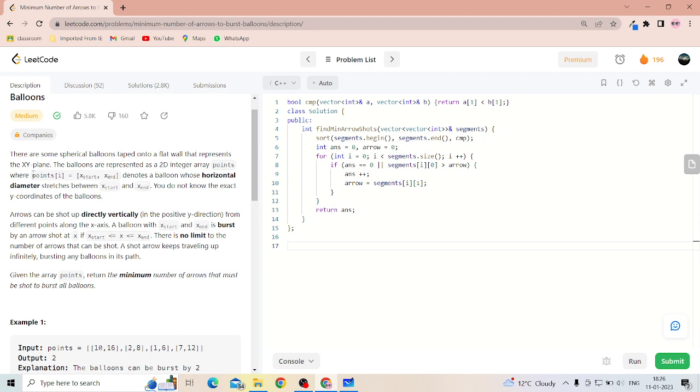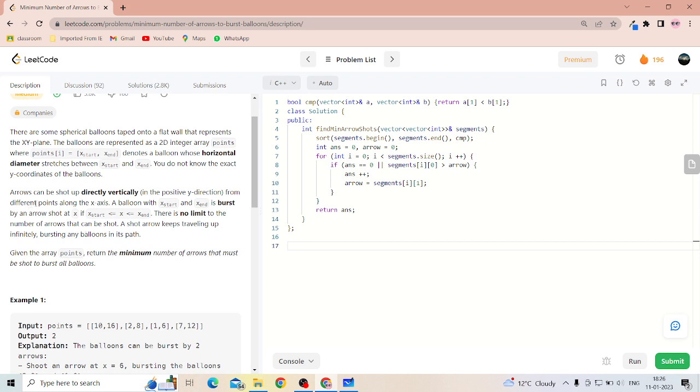So we have points[i] having the starting and ending point of the balloon on the horizontal axis. So you do not know the exact y coordinate of the balloon. Arrows can be shot up directly, vertically, from different points along the x-axis. A balloon with x start and x end is burst by an arrow shot at x.